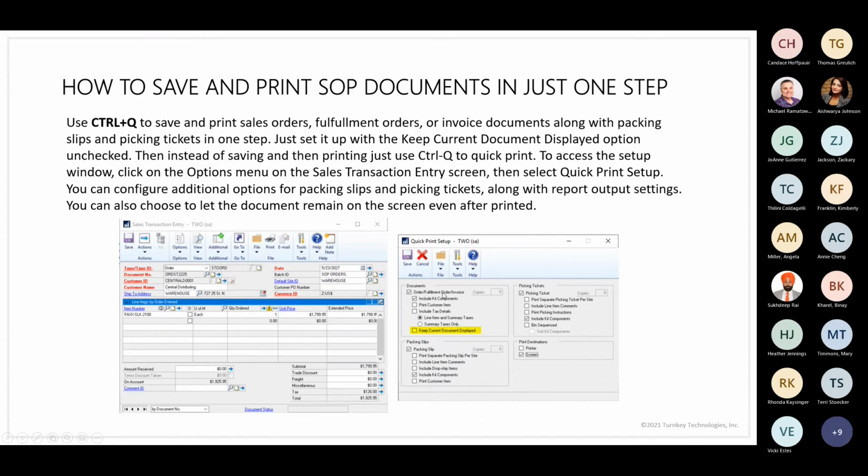You just uncheck the keep current document displayed option, and then when you print, they'll all come up one after another. So in this case, it's going to print the picking ticket and the packing slip, as well as the order and the invoice.